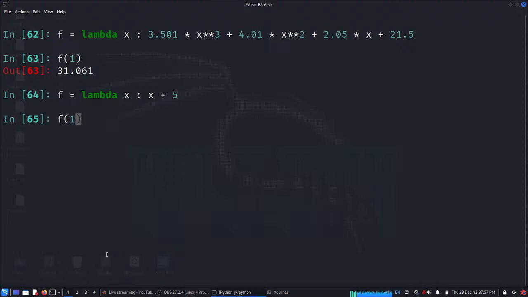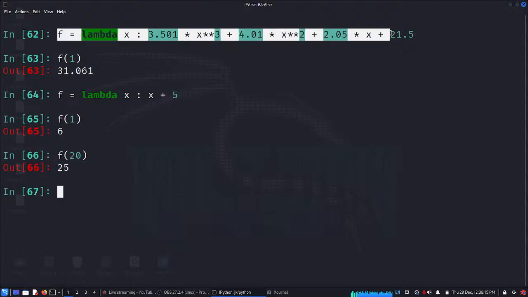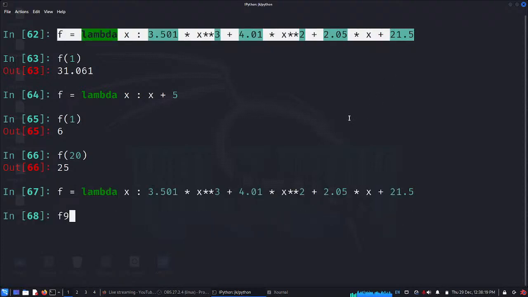Now f of 1 has to give us what? F of 1 will be 6. Or I can say f of 20.5. So the point is that we can go back to this and get instantly what we want. I can say f of 2.5 or 2.005, and it gives me a value.